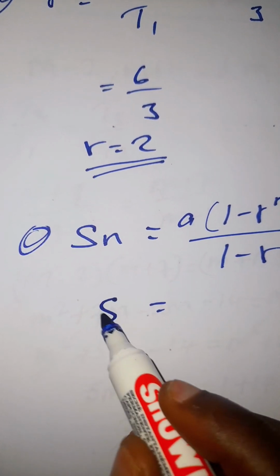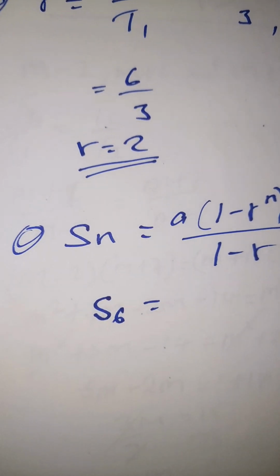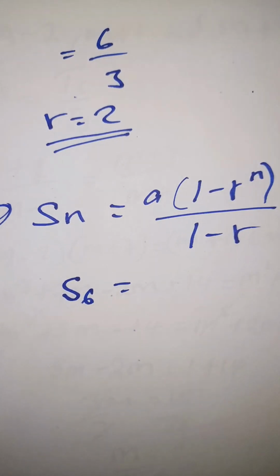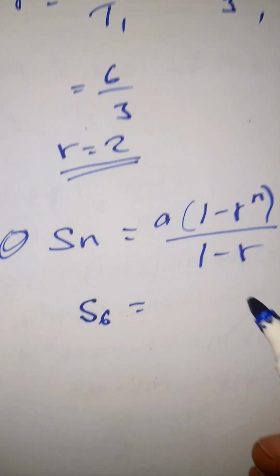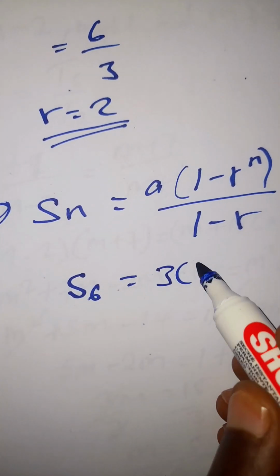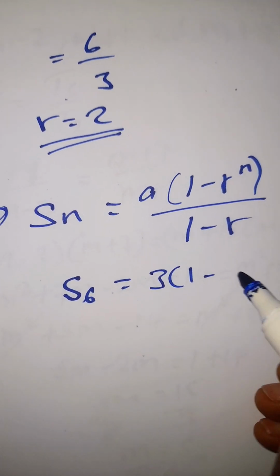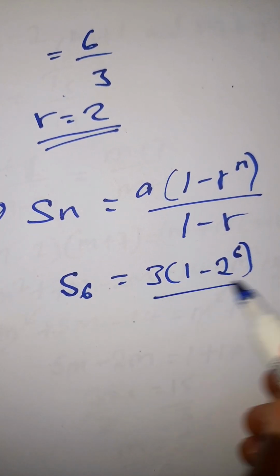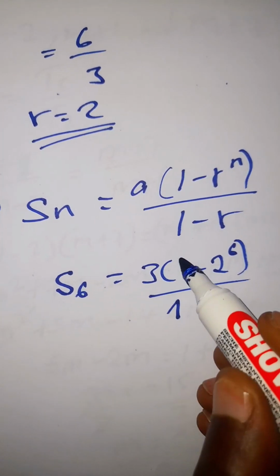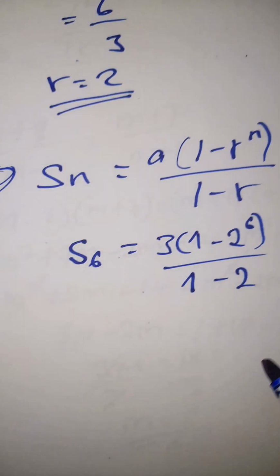So here it will be S6, as we are asked to find the sum of the first 6 terms. The first term we calculated as 3. So it will be 3, open bracket, 1 minus 2 to the power 6, over 1 minus 2, where 2 is the common ratio.